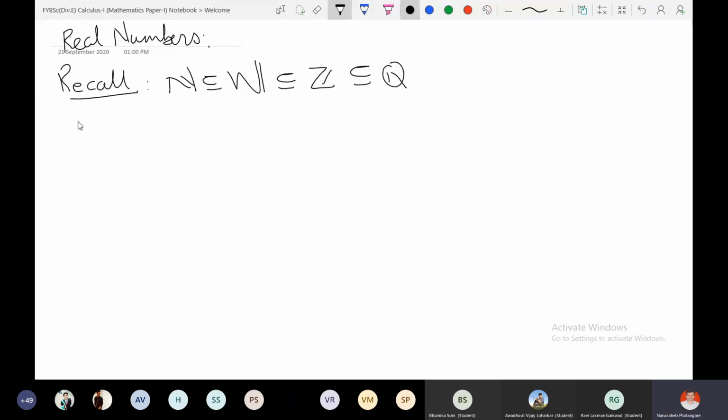So this was the last we saw. We also saw that there is no solution to the equation x square minus 2 is equal to 0 in rationals.